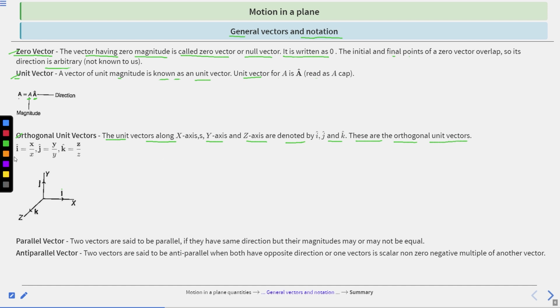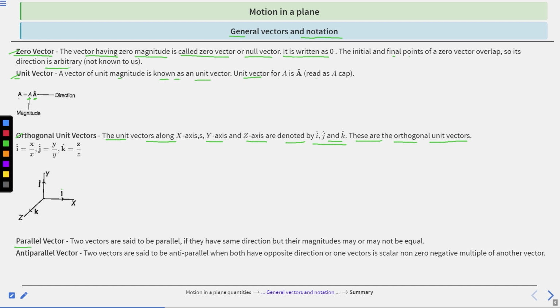Clear? i cap is x divided by x, j cap is y divided by y and k cap is z divided by z. Here this is the vector and this is the magnitude. Similarly here this is the vector and this is the magnitude. Clear? So orthogonal unit vectors are along the x-axis, y-axis and z-axis, denoted by this.